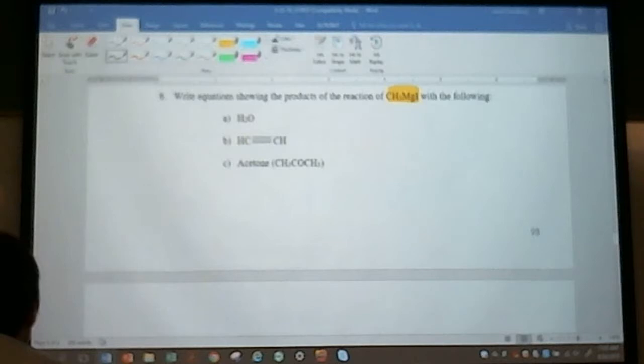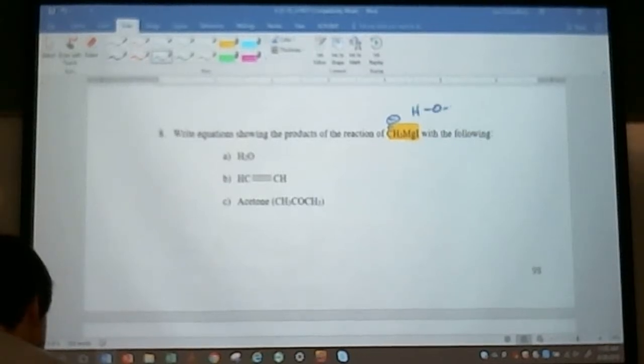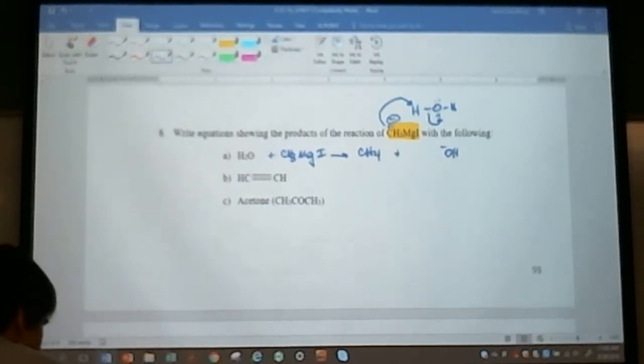This is a base, right? Your base attacks an acidic hydrogen, and what you're going to form is basically methane, and then you're going to be left with a hydroxide ion, which presumably is somewhat paired up with this, right?